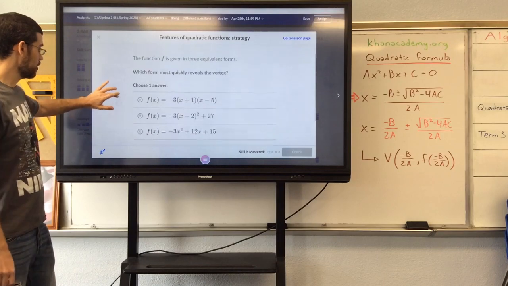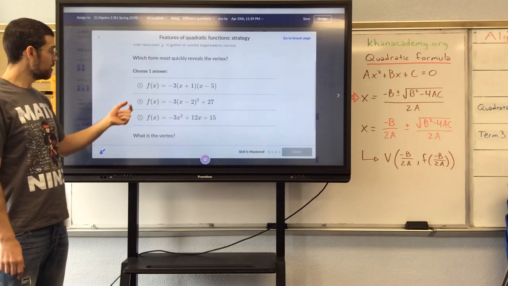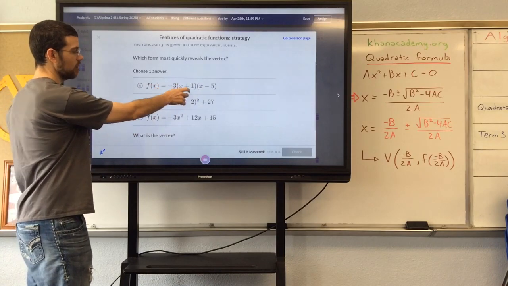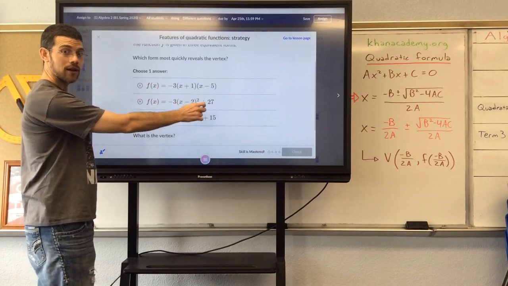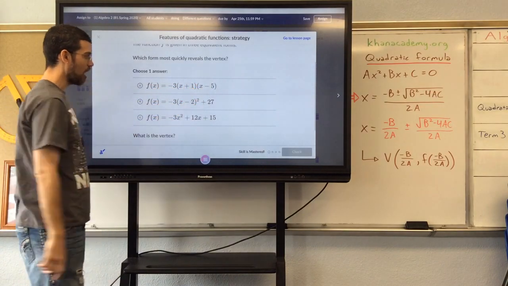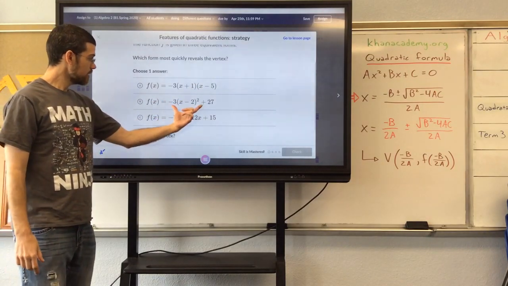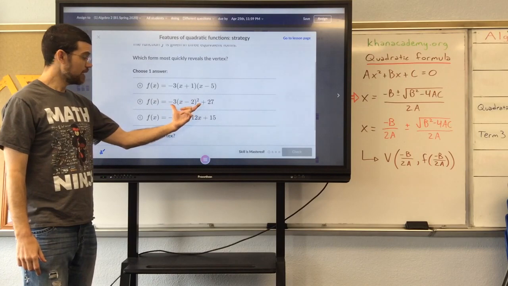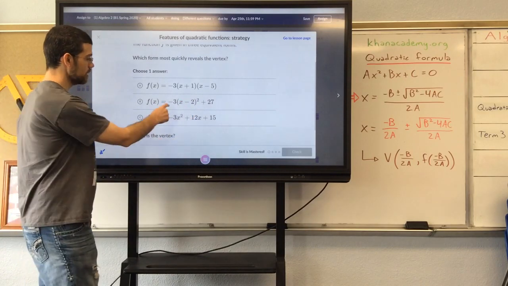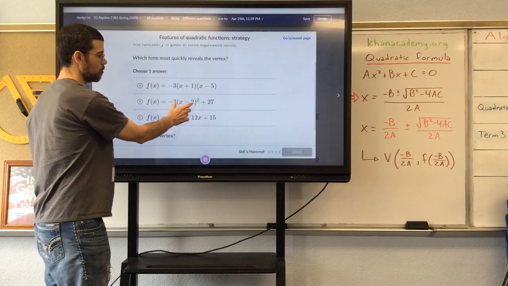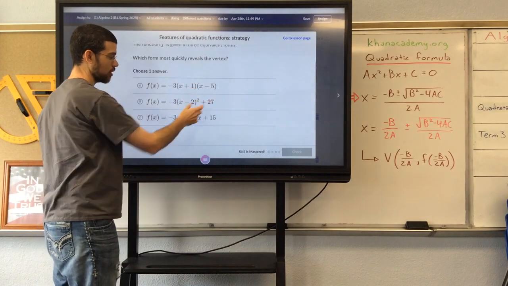So here are these 3 forms. This is factored form. We have a factor -3, the factor x plus 1, the factor x minus 5. That's not vertex form. This section B is the vertex form. It's got some constant times a binomial squared plus another constant.